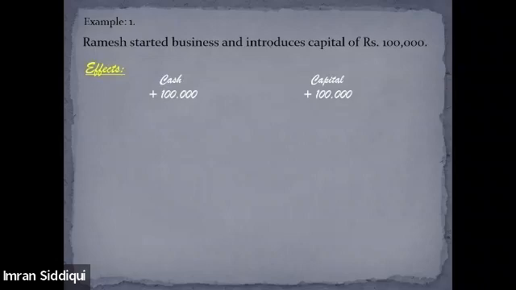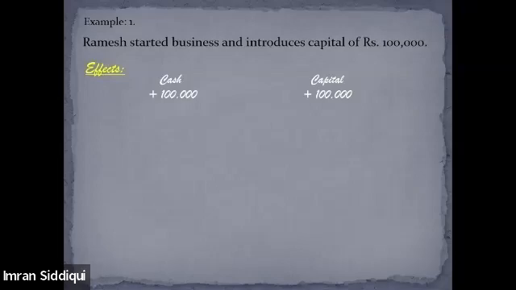Now you have to identify under which category cash comes, whether it is an asset, revenue, capital, liability, or expense. Similarly, you need to identify which category capital falls under as per the modern accounting approach.